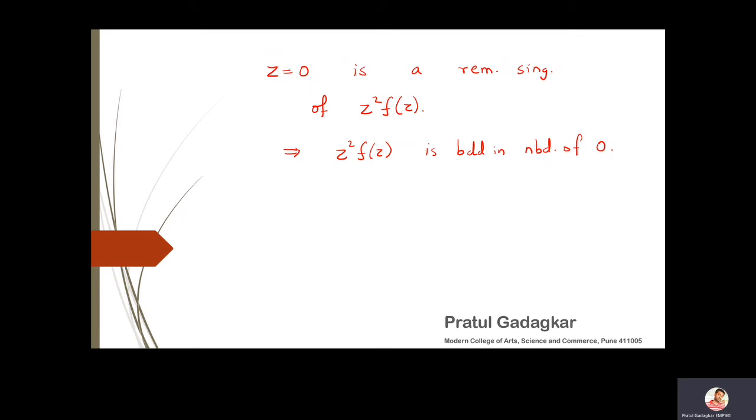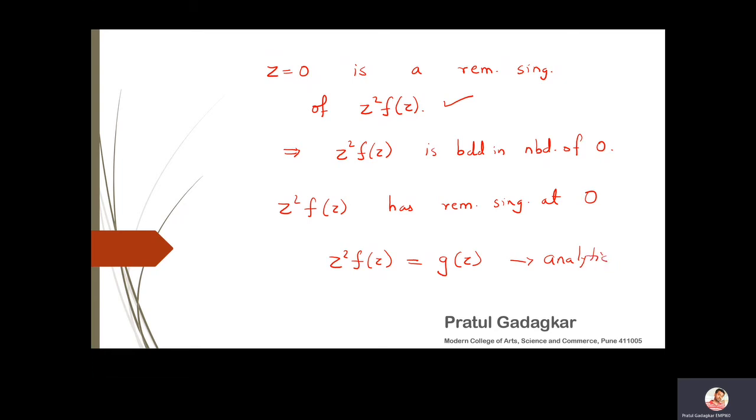Now not only that, if z square f z has a removable singularity at z equal to 0, this means that this function z square f z is an analytic function, and that analytic function can now be written as some g z, where g z is a holomorphic function in that open unit disk, and therefore I can write that f z is equal to g z upon z square.